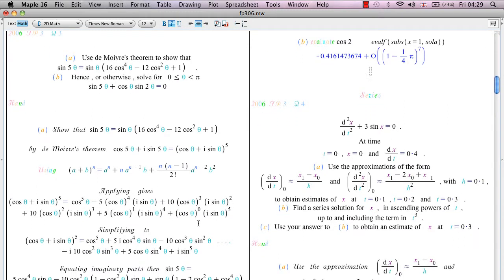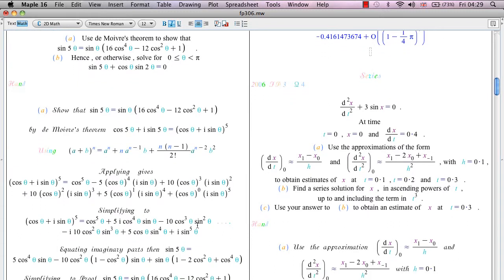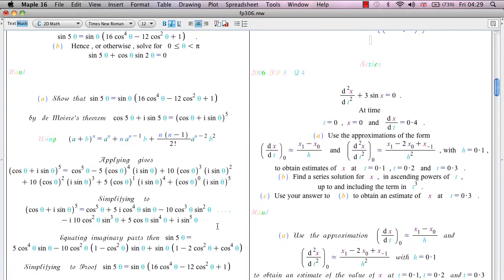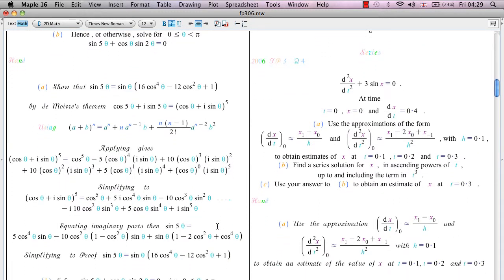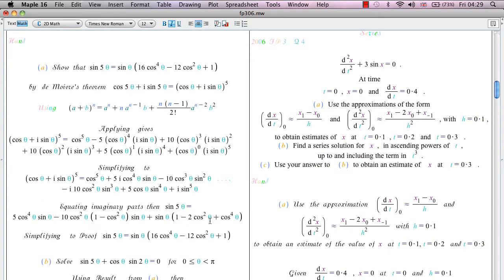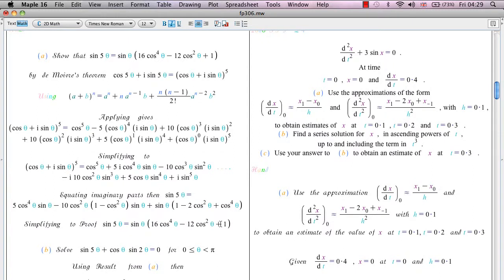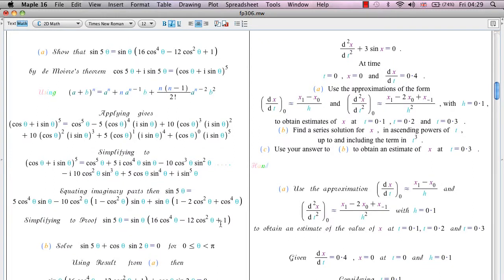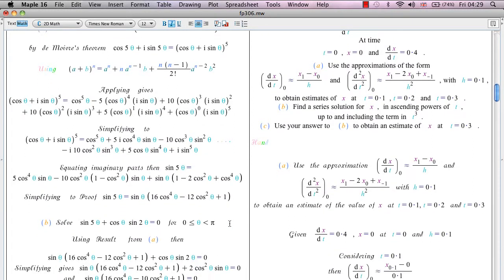So applying the binomial expansion and simplifying, and then equating the imaginary parts for sin 5 theta and substituting some identities and simplifying gives the proof required.